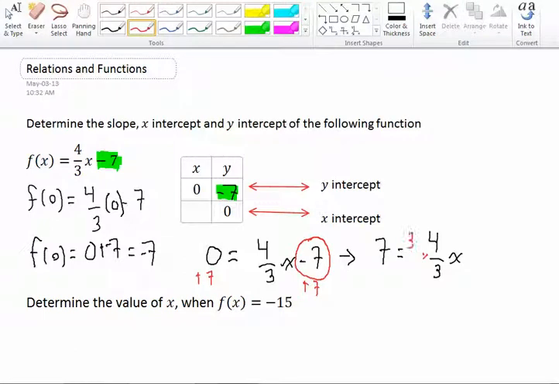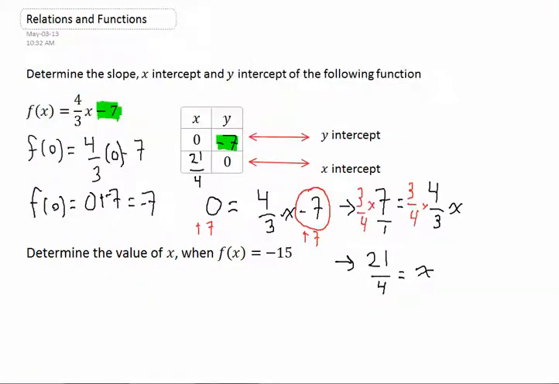So I'm going to multiply by 3 over 4, and I do that on both sides. So remembering that when we're multiplying fractions and whole numbers, we make the whole number into a fraction, this is going to give me 21 over 4 is equal to x. So we get the fraction 21 over 4. Okay? There's our value.